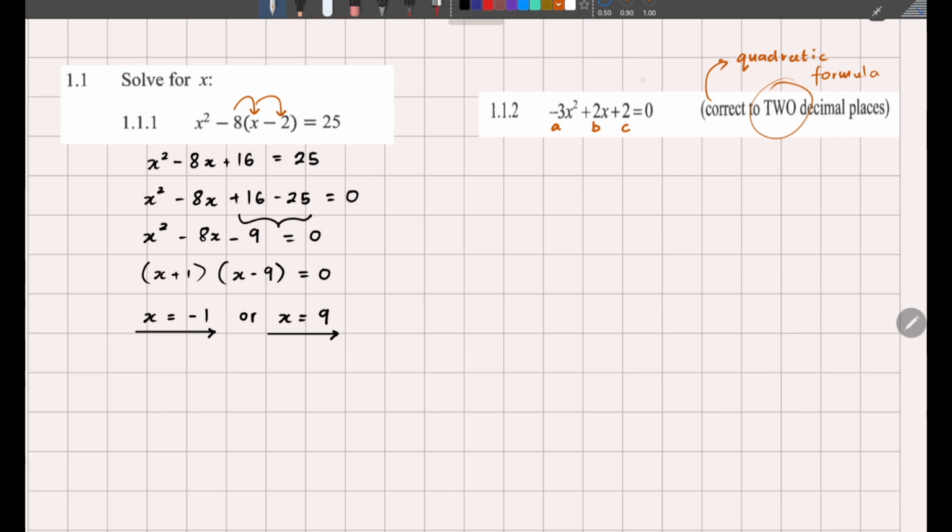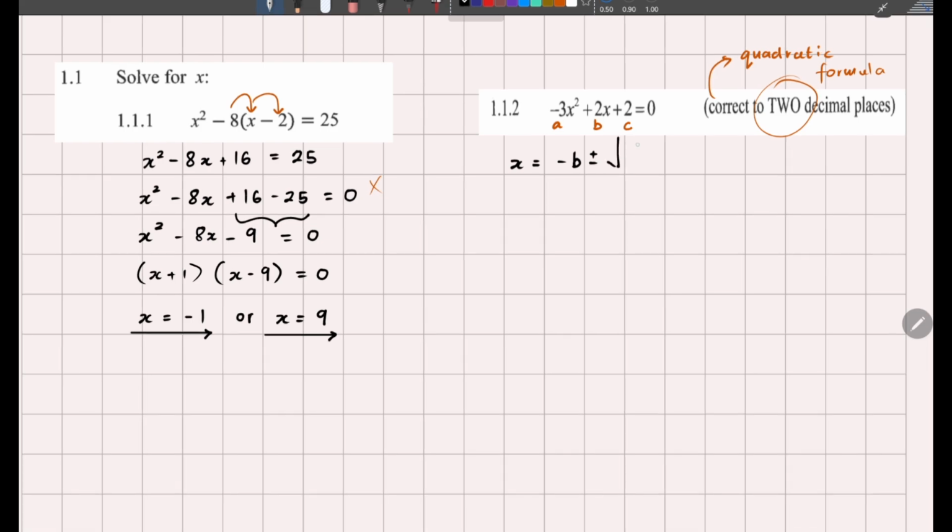Now, in another case, where we don't have them equal to 0, you're going to put them all onto one side, exactly like what we did here. And thereafter, get them into their normal quadratic equation form for the A value, B, and C, and let's put that straight into the formula. So we know that the formula is x equals minus B plus or minus the square root of B squared minus 4AC, all over 2A.